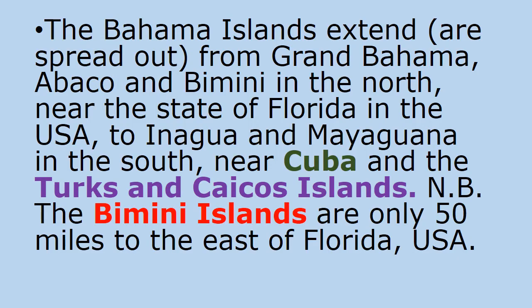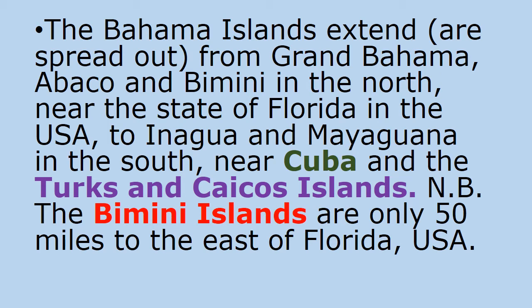The Bahama Islands extend, or spread out, from Grand Bahama, Abaco, and Bimini in the north, near the state of Florida in the USA, to Inagua and Mayaguana in the south, near Cuba and the Turks and Caicos Islands. Note, the Bimini Islands are only 50 miles to the east of Florida.